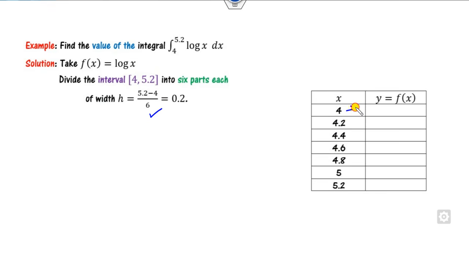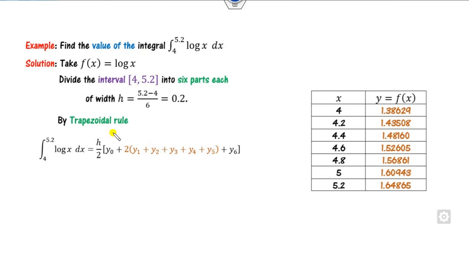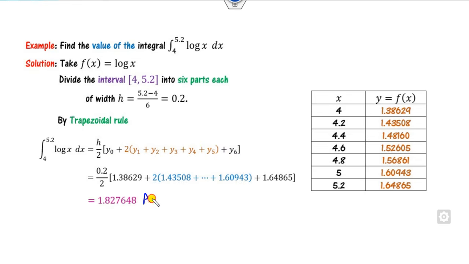I can substitute these values of x in this function, then you can find the values of y as here. Now since n is 6, which is not equal to 1, we can apply the composite trapezoidal rule. Fine. So we can substitute the values y0, y6, all the yi's here. You will get the required answer of this problem.